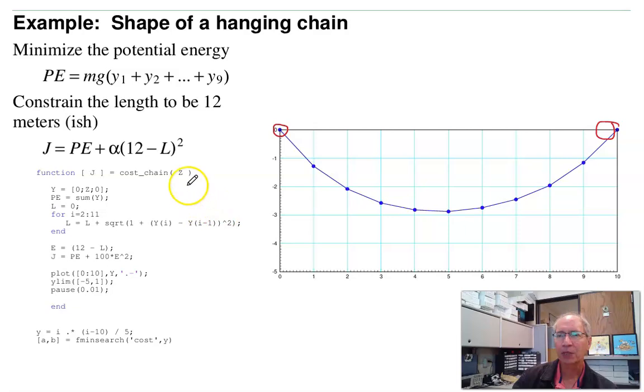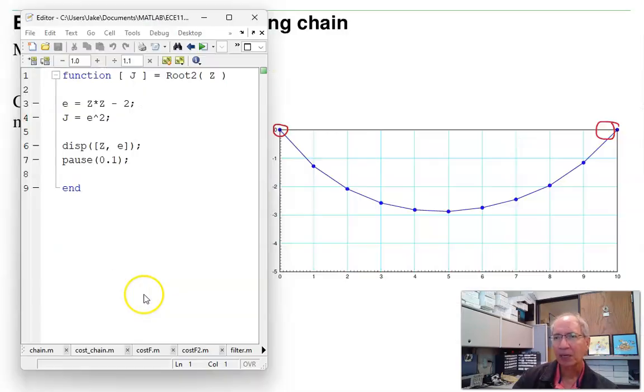So here's my function. I'm going to guess the shape of the chain. It's going to return the sum of y, that's the potential energy, and the length of the chain, length needs to be 10, or 12. There's my cost. What shape minimizes the cost? In MATLAB, I can do that.